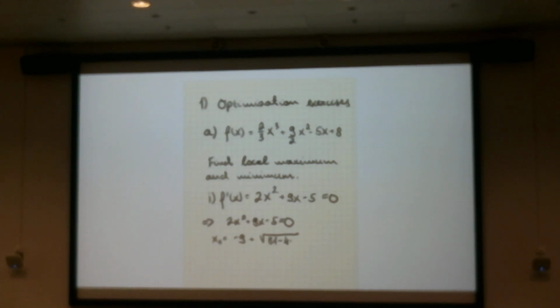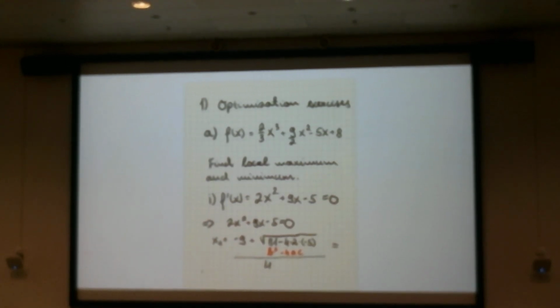So this is b squared minus 4ac, where c is minus 5. And I will divide it by 2 times a, which is 2 times 2, 4.